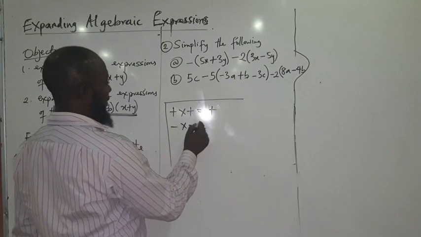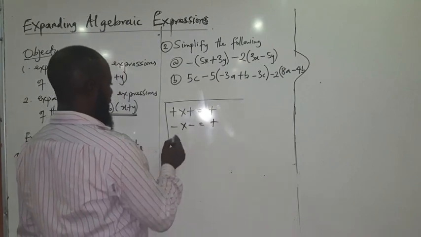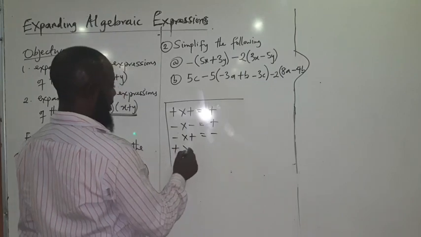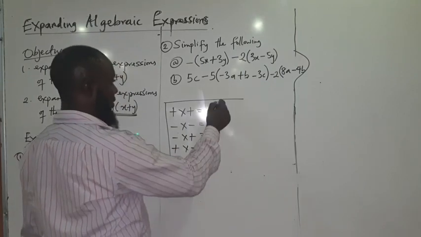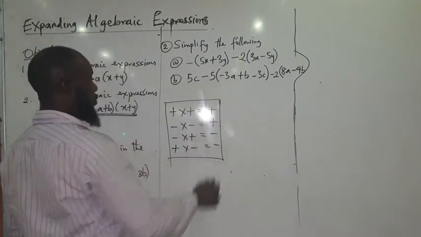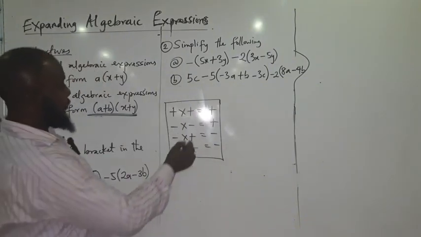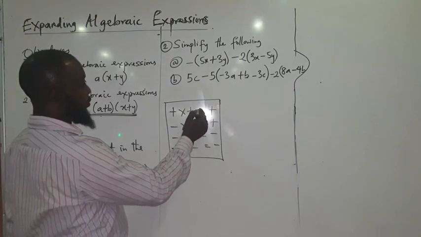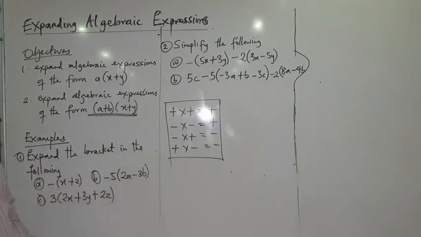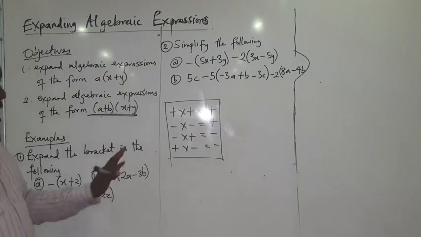Minus multiplied by minus will give you plus. But minus times plus will give you minus. Also, plus times minus will give you minus. This is very important because we are going to make use of it. If you don't have this knowledge, it will affect your answer while expanding algebraic expressions. I hope this is very clear.